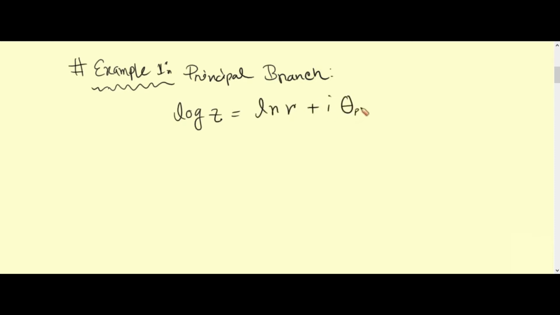Let's write a p over here to denote that this is our principal argument, and we had a condition that r is greater than 0 and theta p is bounded by this.